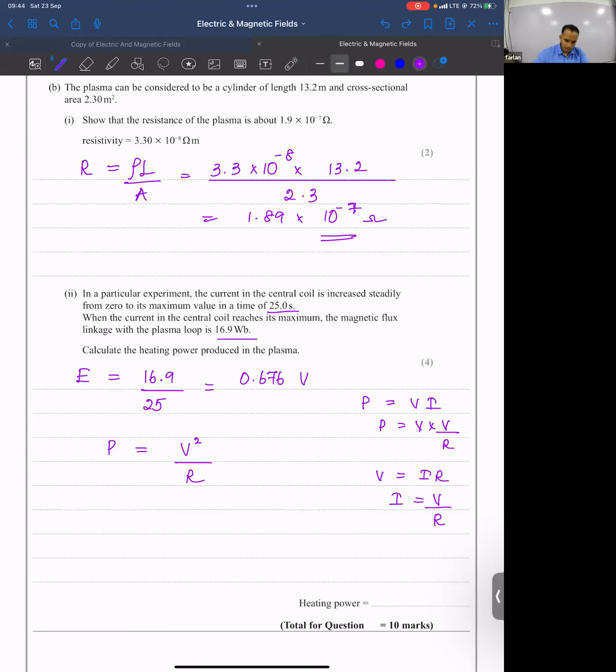Okay. So guys, now the V is 0.676, and that squared over the R, which is 1.89 into 10 to the power minus 7, is 2.42 into 10 to the power 6 watts.